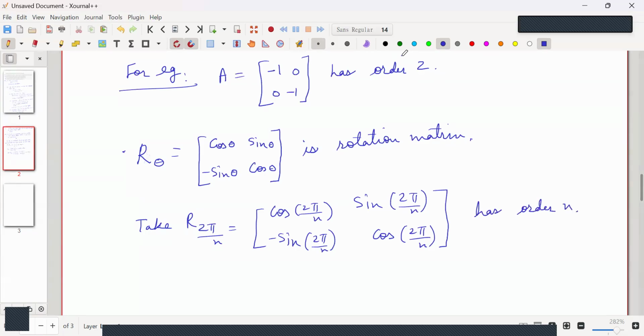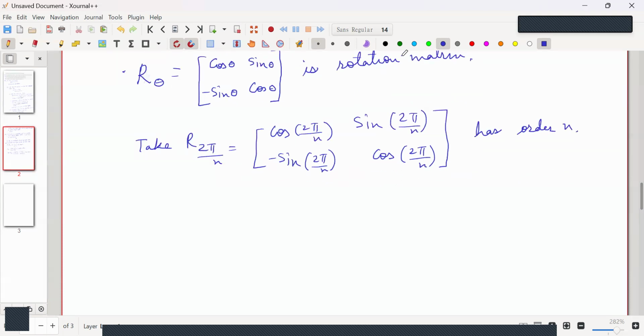So you agree? Let me just write the reflection matrix also. Reflection matrices will have order 2, irrespective of the theta chosen.